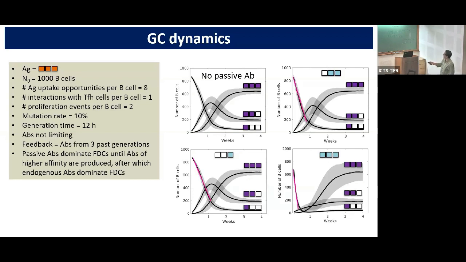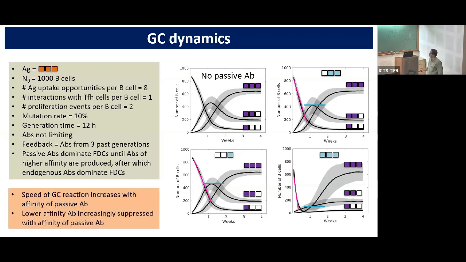One is that the rate of evolution increases, because you're increasing the selection stringency. And then the intermediate affinity B cells are suppressed. So you quickly shift over to these high affinity B cells. So in effect, you're increasing the speed of evolution, and you're also tilting the evolution in favor of these higher affinity B cells.